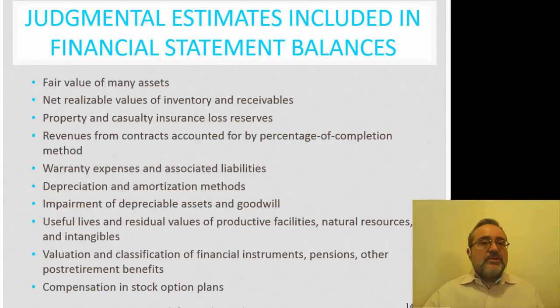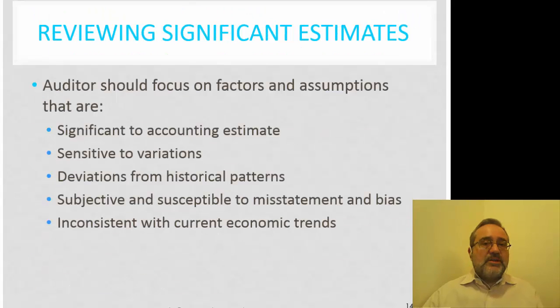If you notice, as you're considering this list, these have a significant impact on the final output of the financial statements. So it's absolutely critical that we, as an auditor, understand where these estimates are coming from and make sure that management has the documentation to support the fact that these estimates were done in an objective manner.